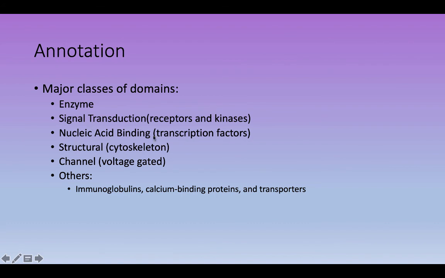Do I see domains associated with acid binding? Do I see domains associated with cytoskeleton or voltage gate? Do I see domains associated with immunoglobulins or calcium binding proteins, right? By finding these different boards, these different path graphs that are associated with the sequence, that's how I can functionally identify what these things are.